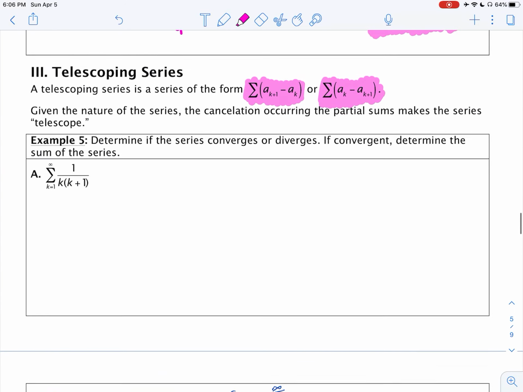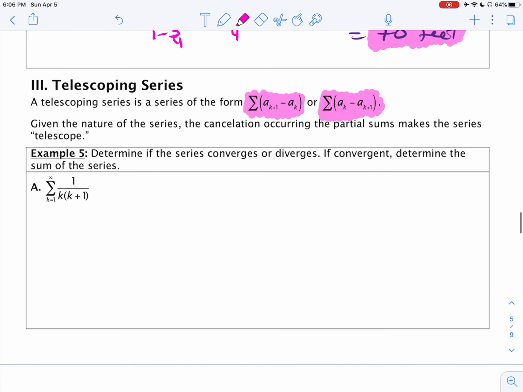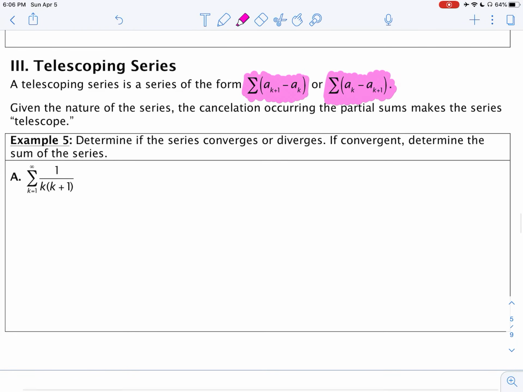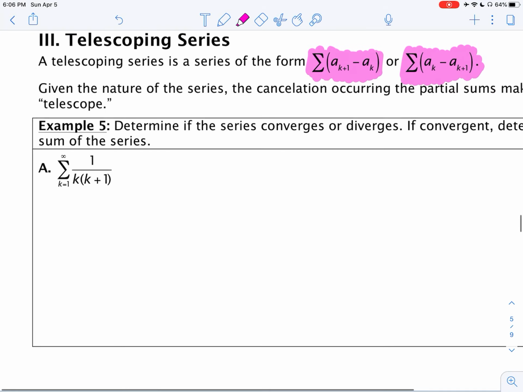Good. So taking a look back at example A, the sum of 1 over k times (k plus 1) doesn't look like it takes the form of a telescoping series, but we can go back to what we learned in chapter 7 and express 1 over k(k+1) using partial fraction decomposition.